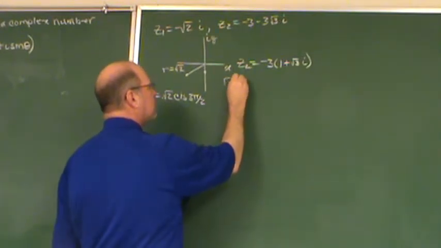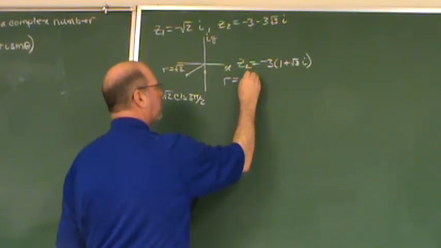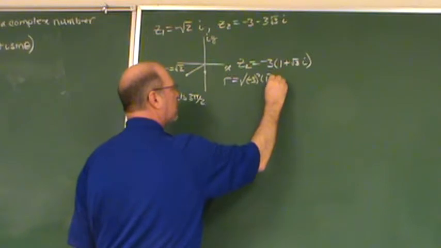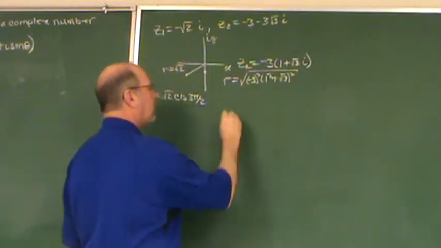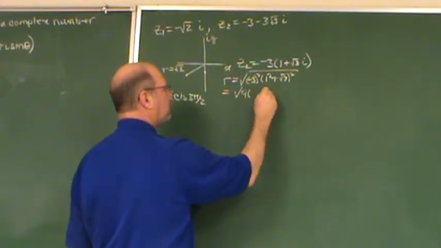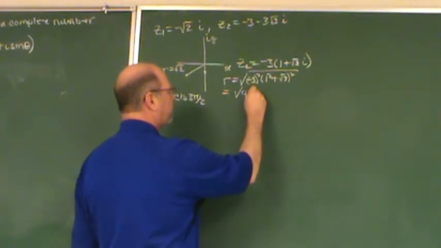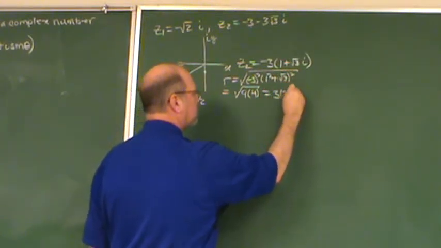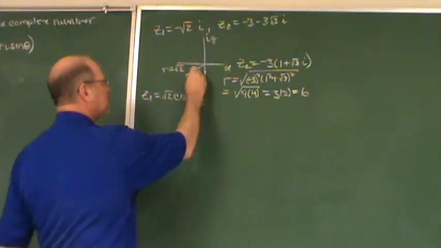And then we can say that r is the square root of negative 3 squared times 1 squared plus the square root of 3 squared. And that gives me the square root of 9 times, 1 squared plus square root of 3 squared is 1 plus 3 is 4. And this turns into 3 times 2, or 6. So the length here is 6.